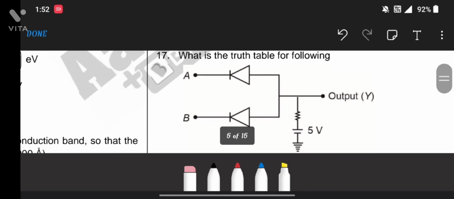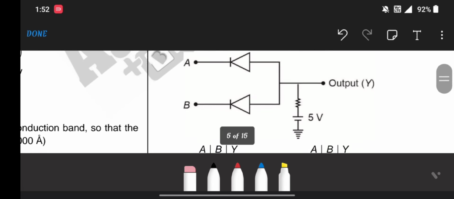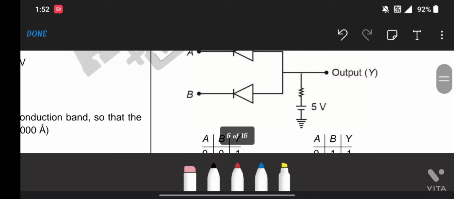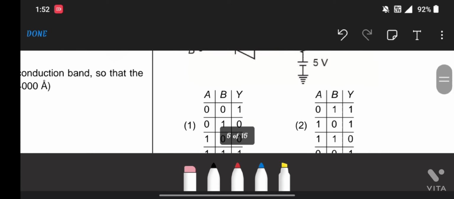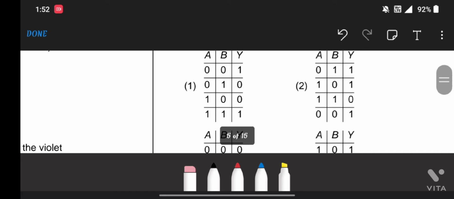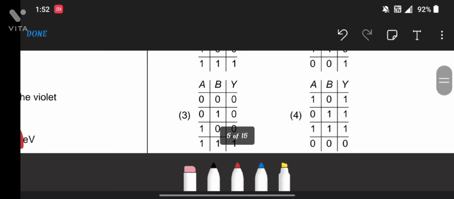If we come to the next question, here they are asked about a truth table. They are given a truth table in which you have to find A, B and Y. So 0 into 0, 1; 0 into 1, 0; 0, 0, 1, 0; 0, 0 into 1, okay. 0 into 0, 0; 0, 1, 0, 1, 0; 0 into 1, 0, 0.